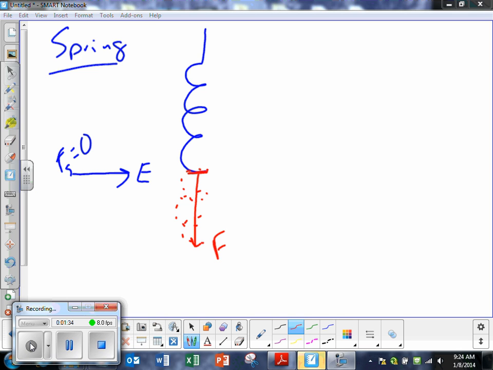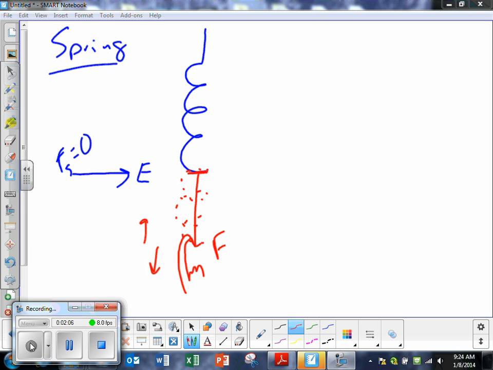Because in order for me to stretch this with my little finger, I'm applying a force downward. Which way is the spring applying the force? Upward, right? Opposite of the way I'm stretching it. Now, if I push it in, it'd be the same thing. I'd be pushing up, the spring would be pushing down. So the thing with the spring, it always pushes the opposite way that it's stressed or taken from equilibrium.